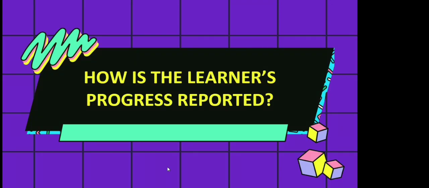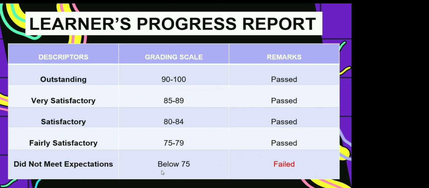Next, how is the learner's progress reported? If the learner receives a transmuted grade of 90 and above, it is equivalent to outstanding and the student's remark is pass. If the learner receives a transmuted grade of 85 to 89, then that is equivalent to very satisfactory and the student's remark is also pass.